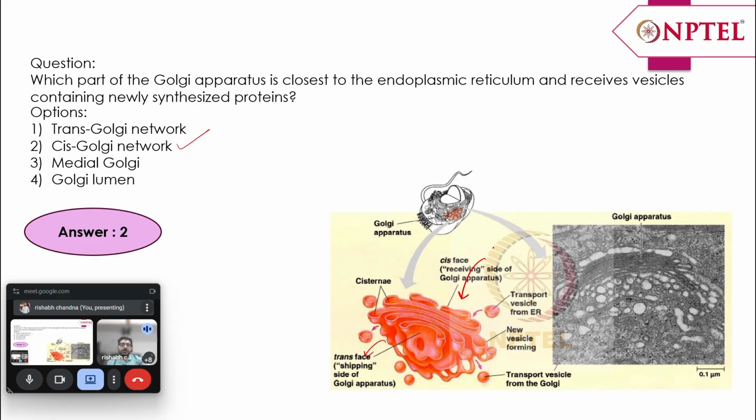So, if the endoplasmic reticulum is here, would the cis face towards the nucleus or away from the nucleus? So, what can be the answer for that?